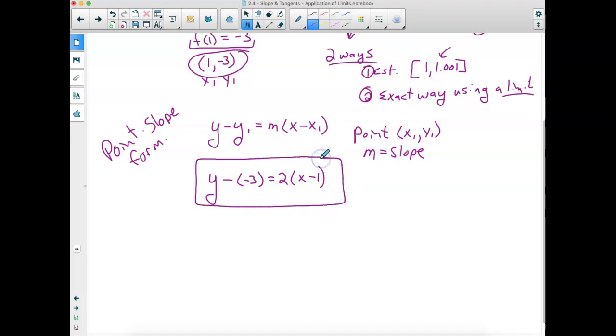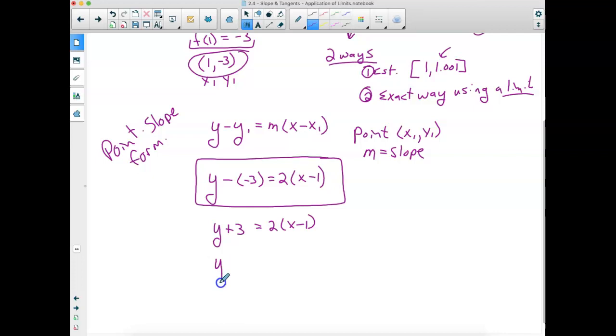And in this class, I can turn and walk away. The AP test, not if, but when you have to write the equation of a tangent line, they don't care what form it's in. They're going to be happy as a clam right here. Some people might say, I don't like that, I'm going to write it y plus 3 equals 2 times x minus 1. They don't care. They'll give you credit for that.